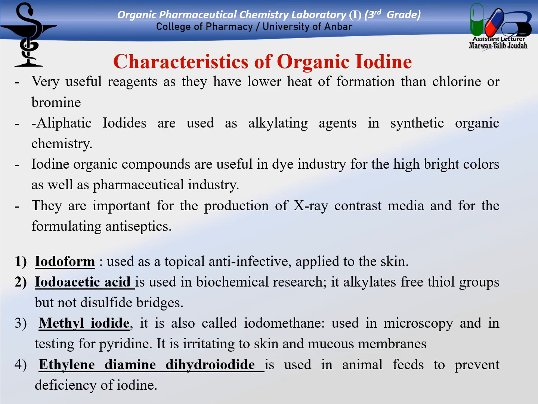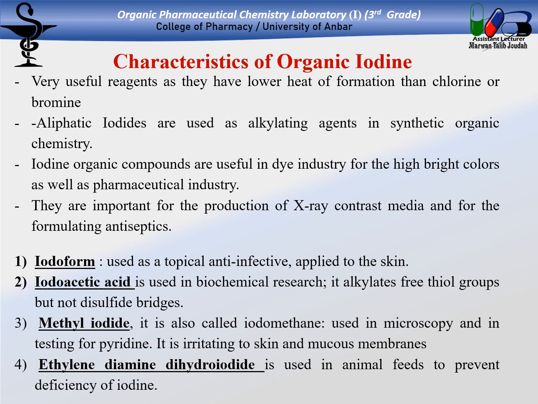Now we have some characteristics of organic iodine. So they are very useful reagents as they have lower heat of formation than chlorine and bromine, as we mentioned before. And aliphatic iodines are used as alkylating agents in synthetic organic chemistry.